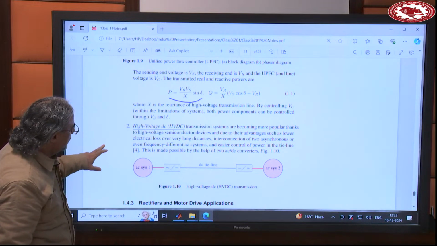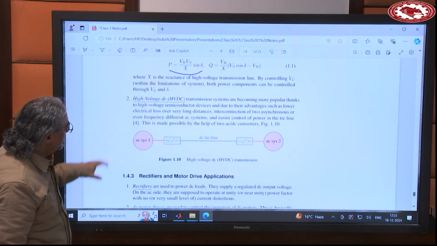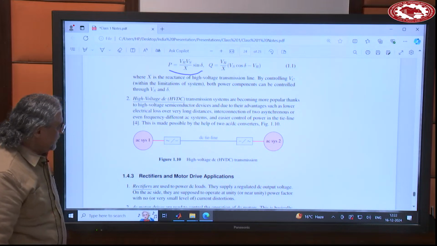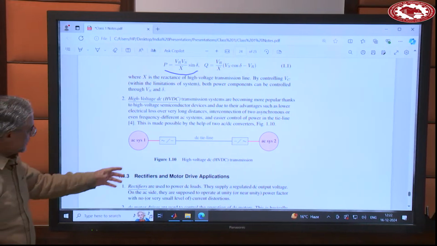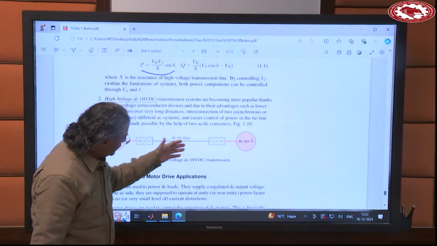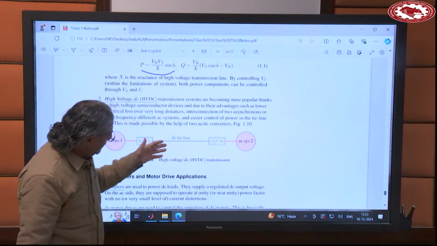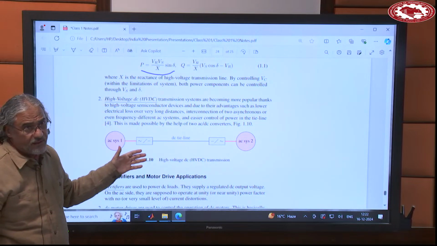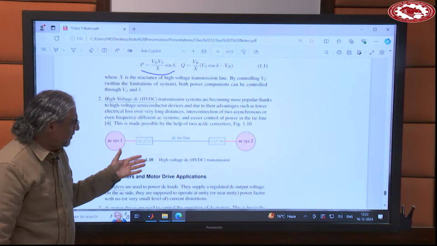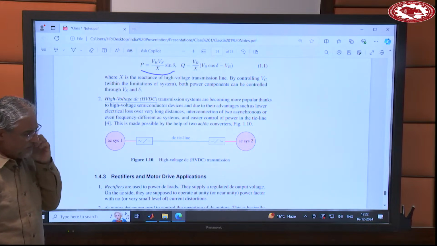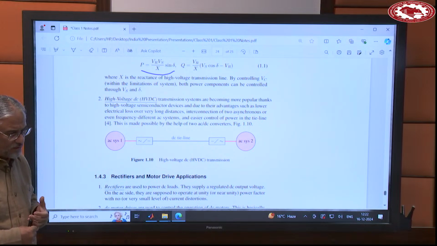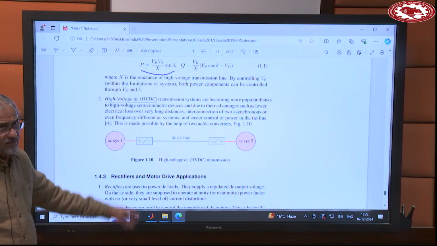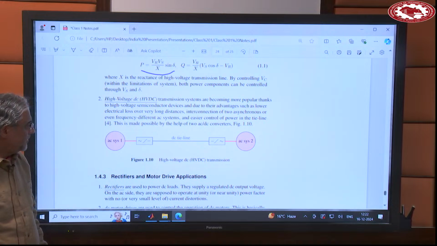HVDC systems, high voltage DC transmission systems. With the advancements of power electronics, now we are looking at this large transmission line, which is DC, not AC, because we have a lot of challenges with AC transmission. First of all, we talked about power losses, which will still be here, even though they will be less compared to AC.